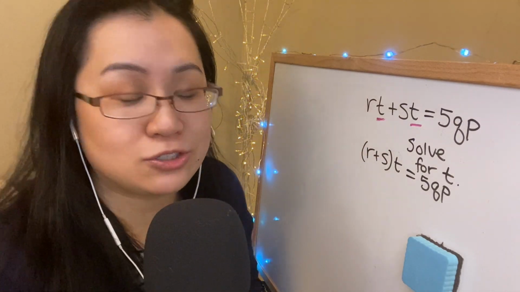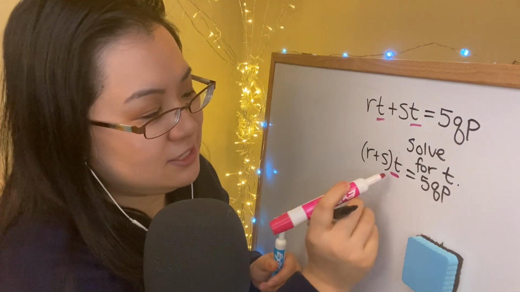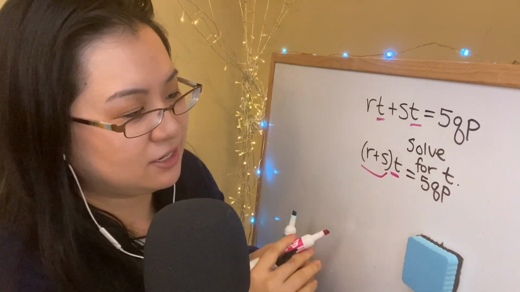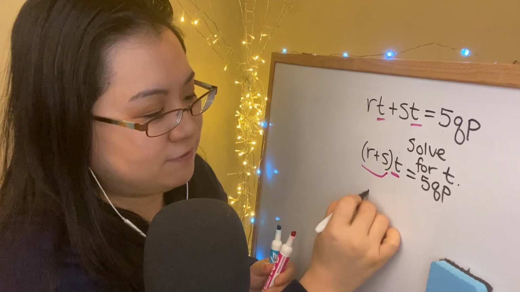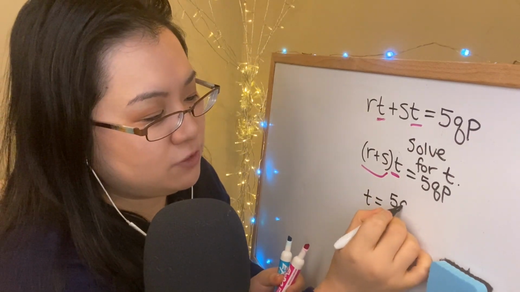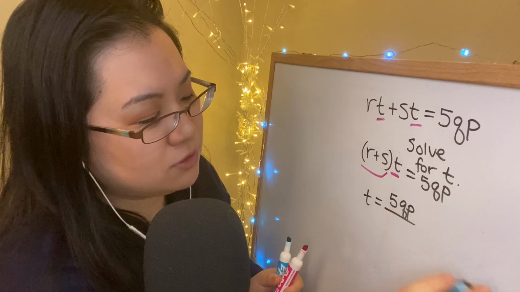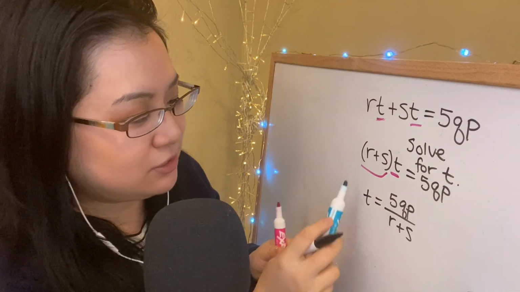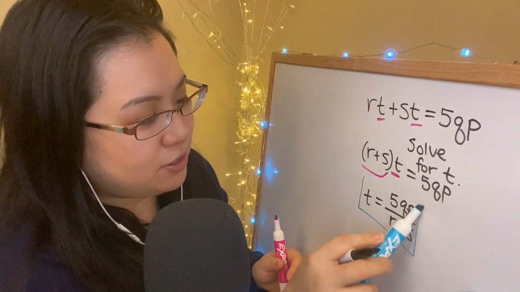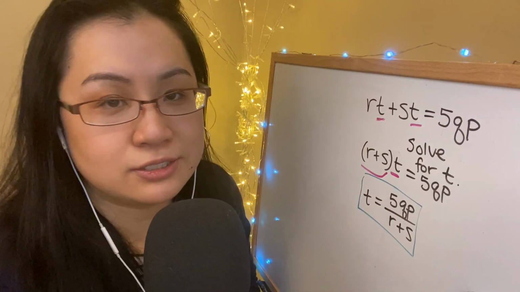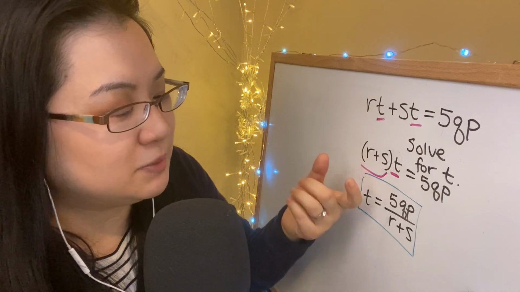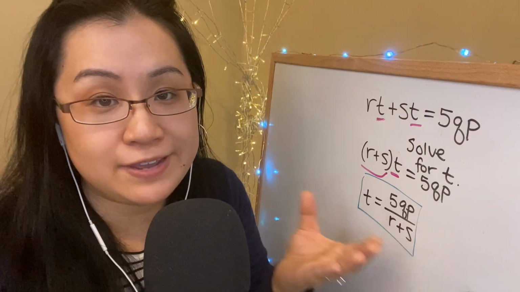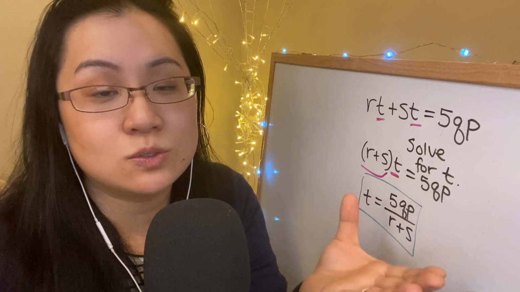Now, because I'm still trying to isolate this T, I'm just going to divide by this thing and move it over. So I have T equals 5QP over R plus S. It's important to remember the order of operations here. R plus S, because it's in parentheses now that we factored out a T, is a single quantity.